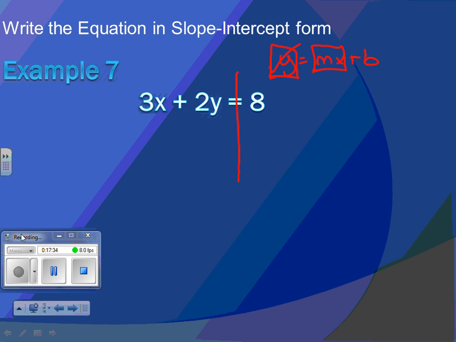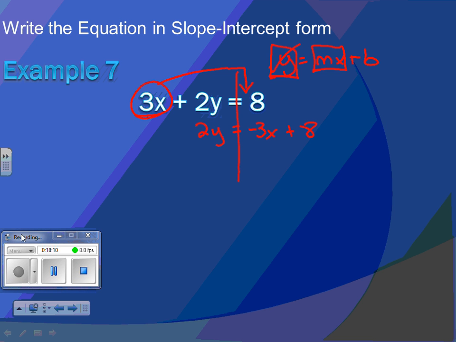No. So what we're going to do, and this is taking our separate terms over, we're going to take our x and squeeze it in right there because it needs to be in front of the 8, right? It needs to be beside the equals. You need to have your x right beside the equals. So when I squeeze this in, this becomes a negative 3x and then a plus 8.